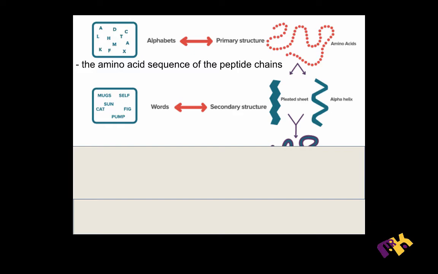That's known as the secondary structure. It's the ordered arrangement or conformation of these amino acids forming special shapes just based on their sequence. Just like certain letters in the right sequence will be cat or dog or fig or mugs. Is that okay? So it's like stage 2.